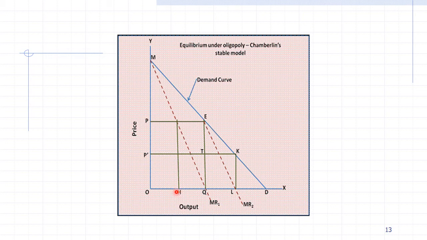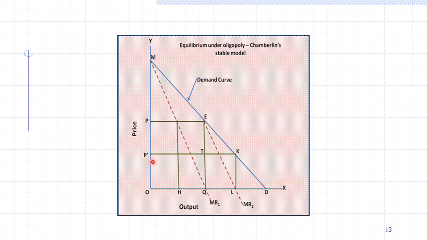This reduces the price to P dash, which leads to total profits earned by producer B as rectangle QLKT.